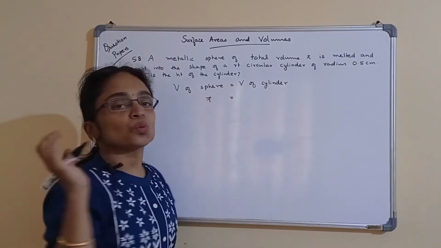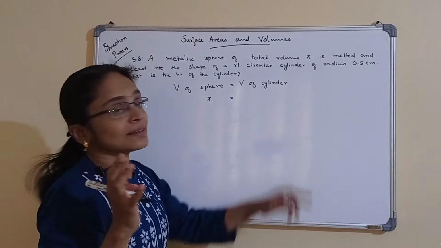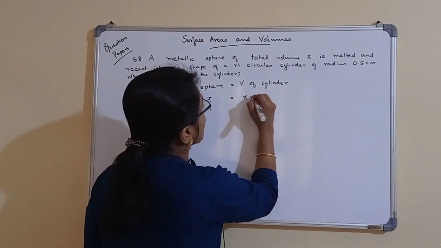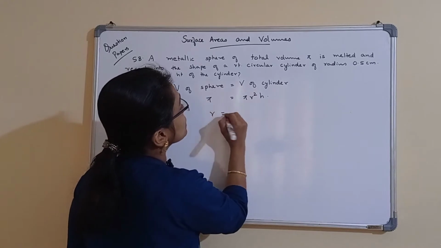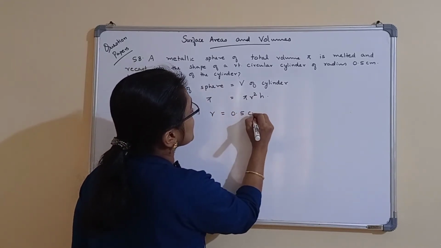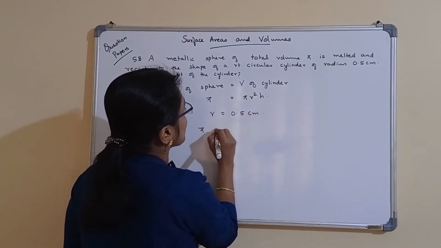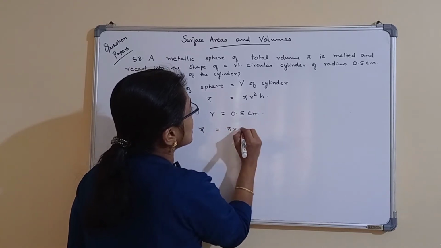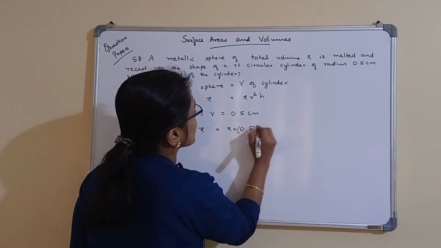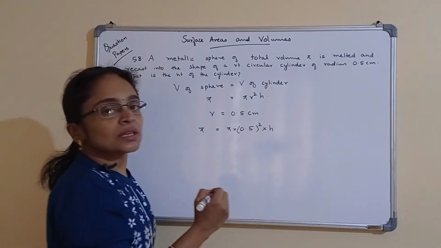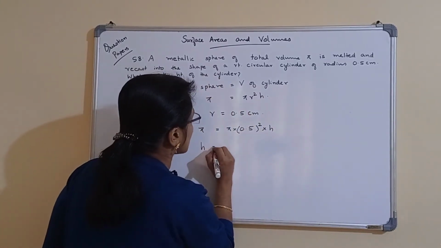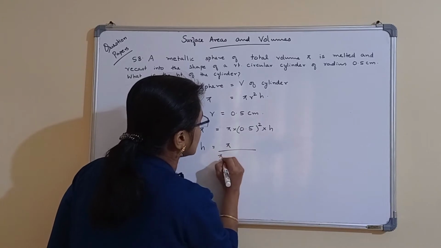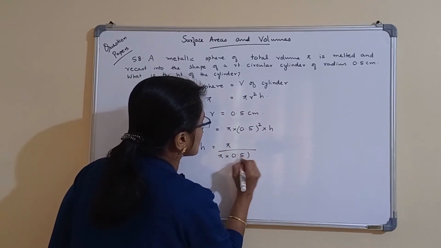Pi equal to, what is the volume of cylinder? It is pi r square h, right? And r is equal to 0.5 centimeter. So we have pi equal to pi into 0.5 square into h. We have to find the height of the cylinder. H is equal to pi by pi into 0.5 the whole square.